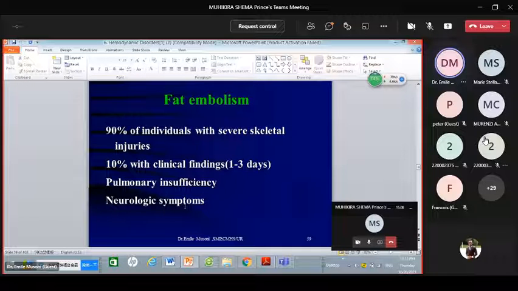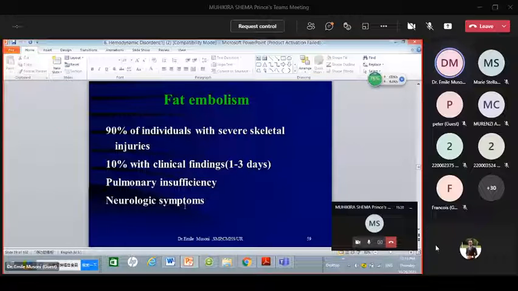You will see in your clinical practice an old man, more than 70 years old, who after a fracture, they say there is a death. When they say there is a death, immediately you can think of fat embolism.